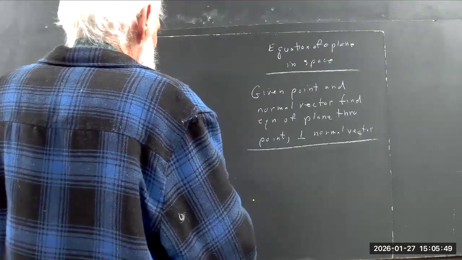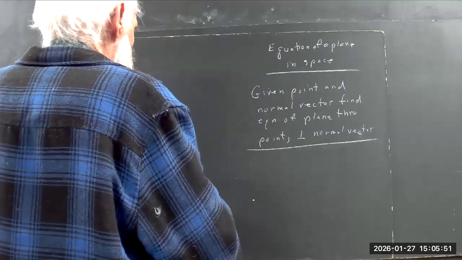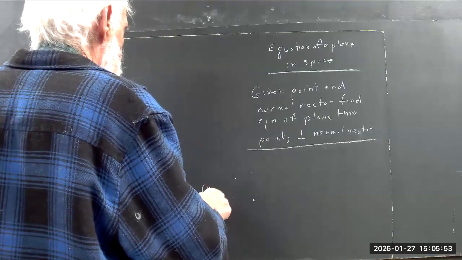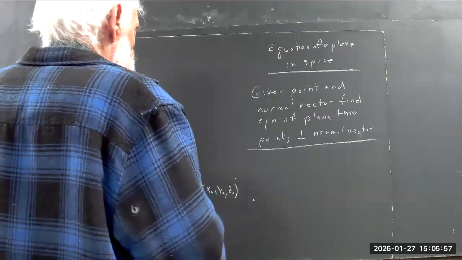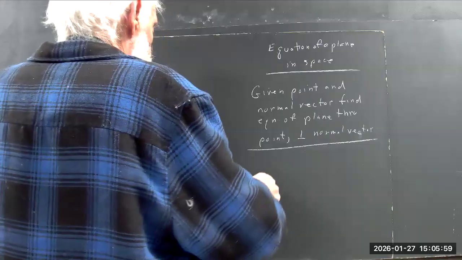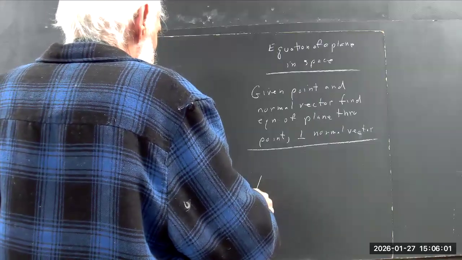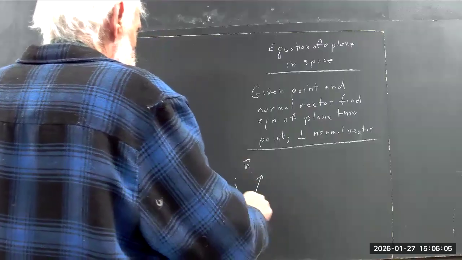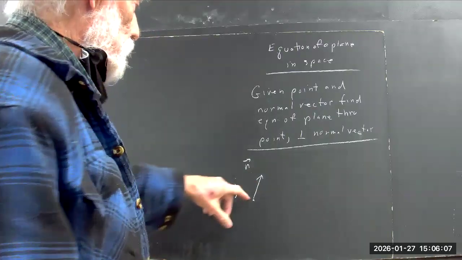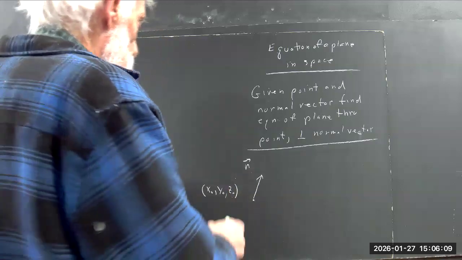So let's draw this as a picture. Let's say we have the point again, x naught, y naught, z naught, and our normal vector. I'll draw the normal vector with its initial point at our given point.